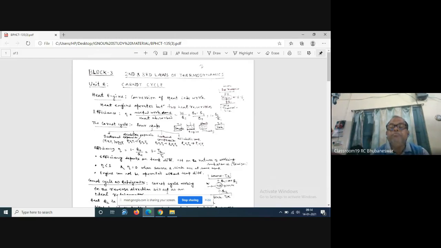And the engine takes heat from the hot reservoir or source, does some work and rejects some amount of heat to the sink.